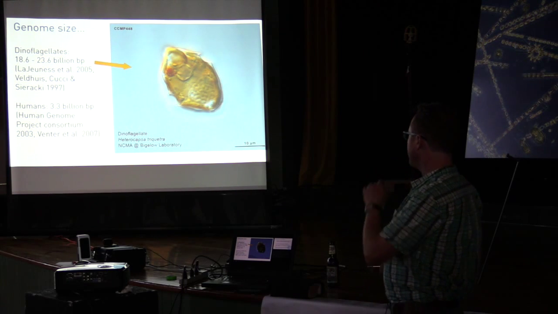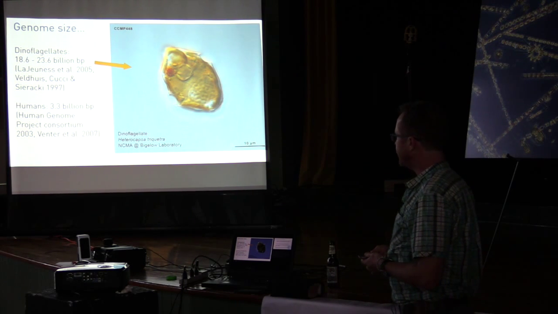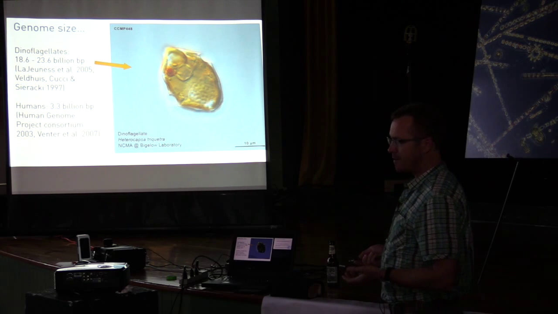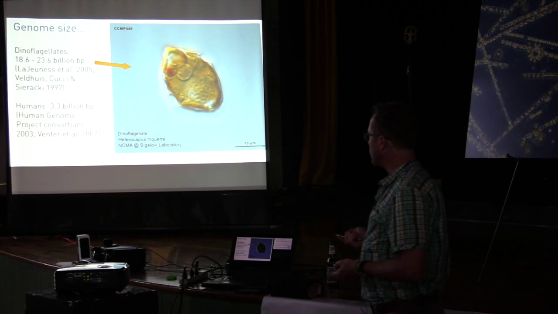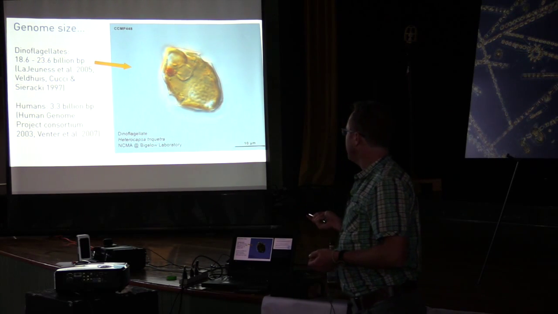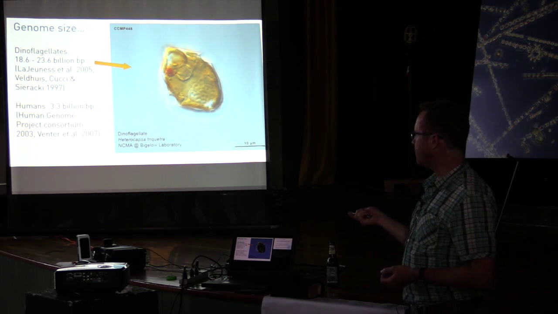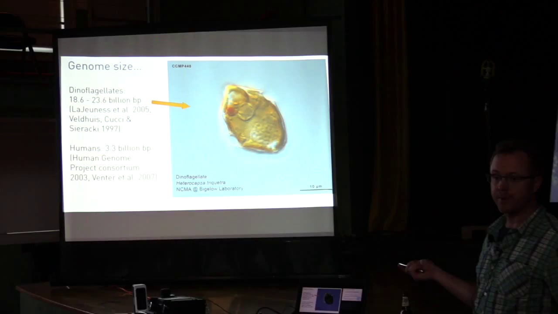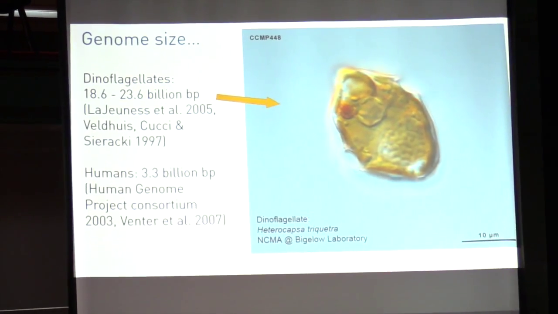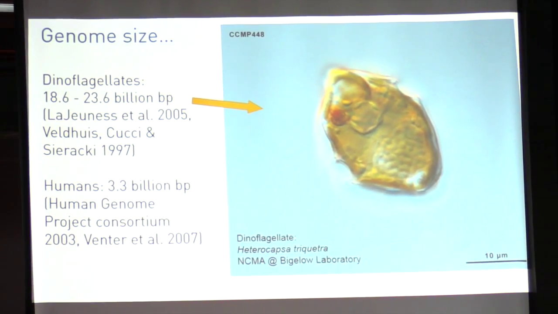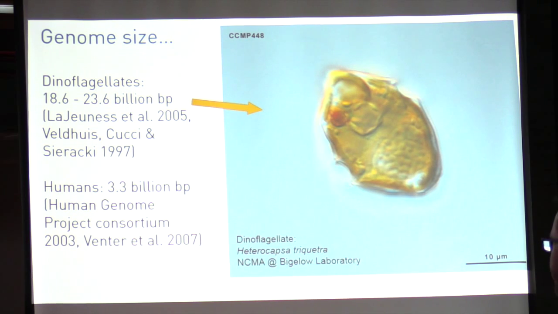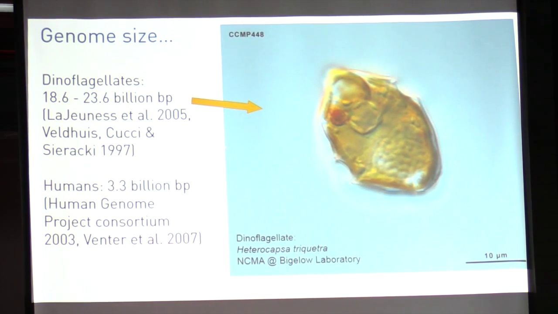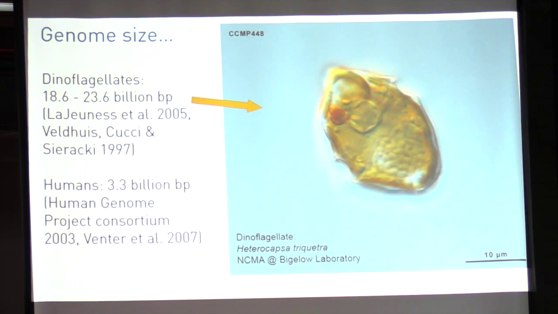Okay, so I gave you an example of a genome that's fairly manageable from E. coli. Now, humans have haploid genomes of about 3.3 billion base pairs. Only about 1.5% of those base pairs code for genes that have a known function.